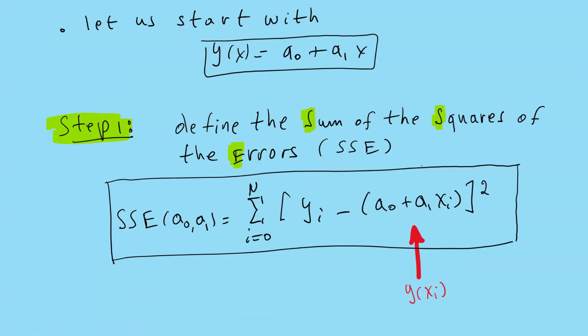The first step, we define the sum of the square of the error, shown by SSE. This is yi, this is our fitting function, and the SSE is found by these equations.